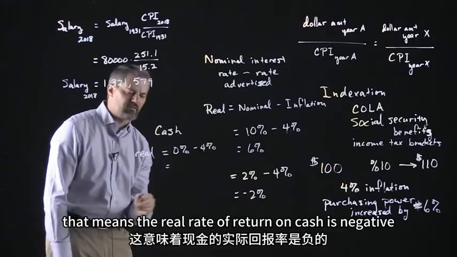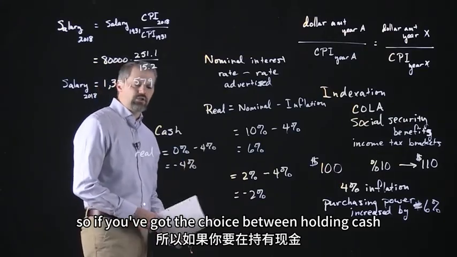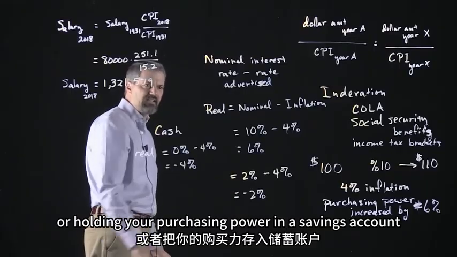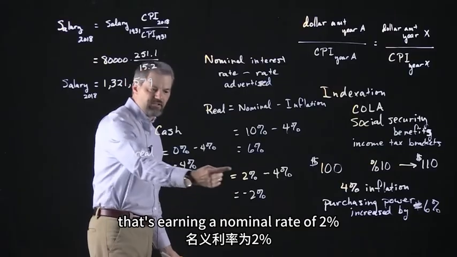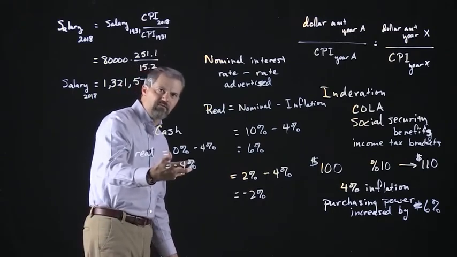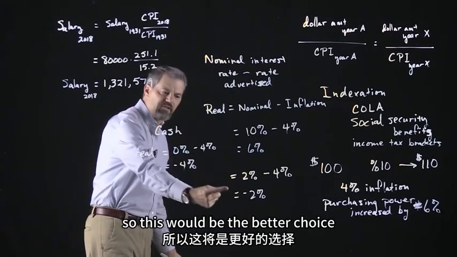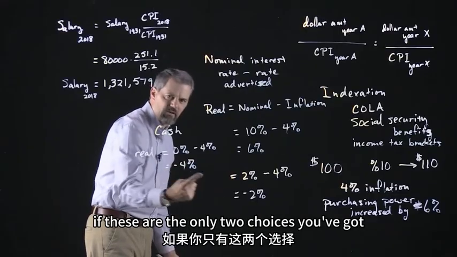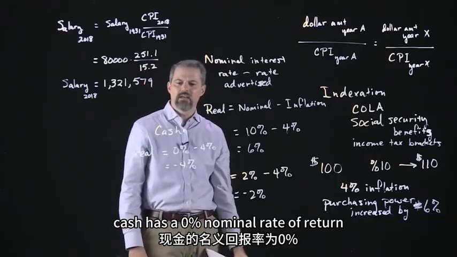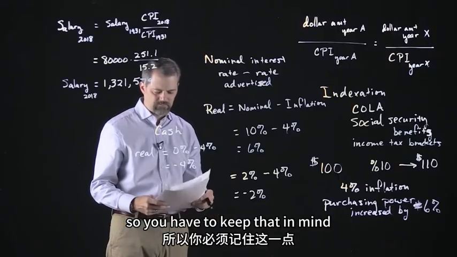That means the real rate of return on cash is negative 4%. So if you've got the choice between holding cash or holding your purchasing power in a savings account that's earning a nominal rate of 2%, you'd rather your purchasing power vanish slower rather than faster. So this would be the better choice if these are the only two choices you've got. Cash has a 0% nominal rate of return, so you have to keep that in mind.